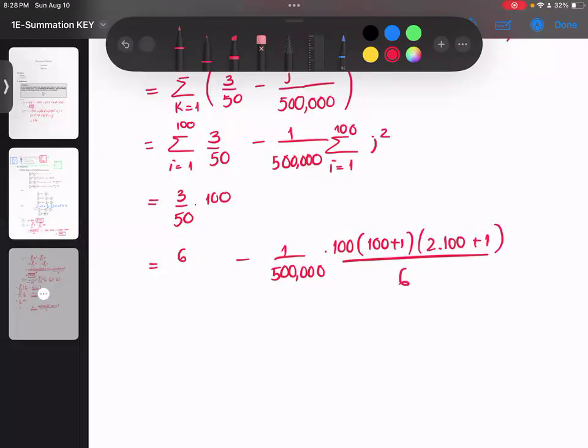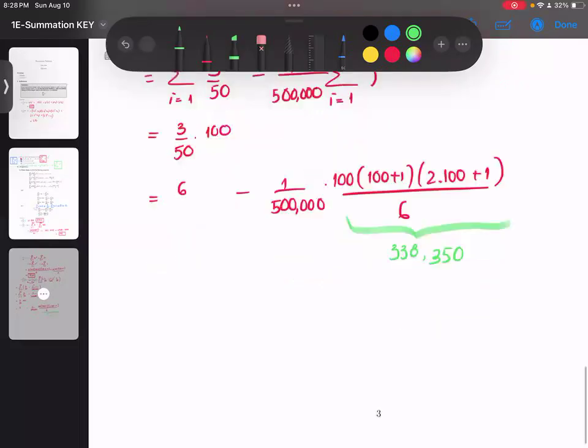And this part here is 338,350. I plug it in.